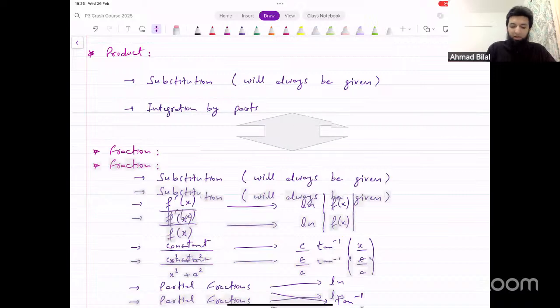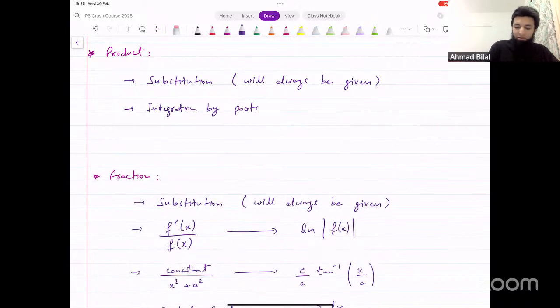In some rare cases, you might find that makes things quite simple as well. If you have x something raised to power n, this was that extended power rule that we did. And then you have the derivative of that base multiplying outside. This is given by this power n plus 1 divided by n plus 1 plus c.